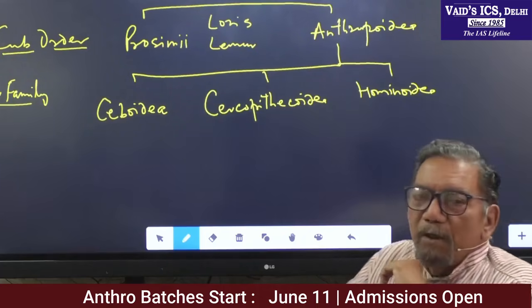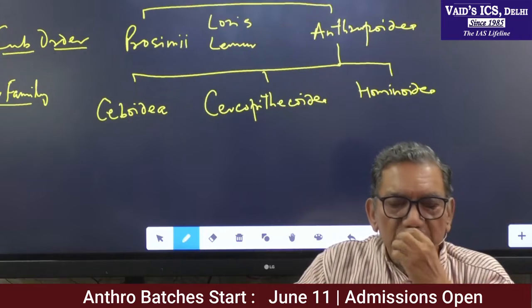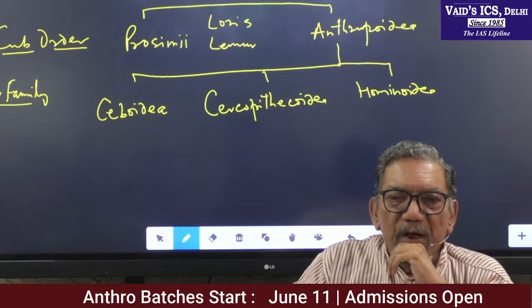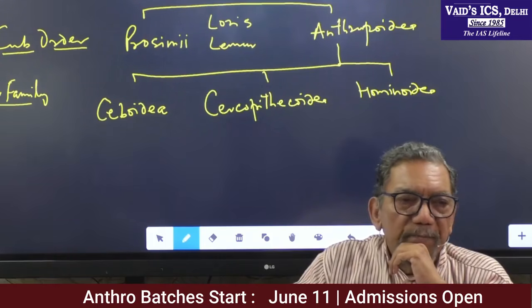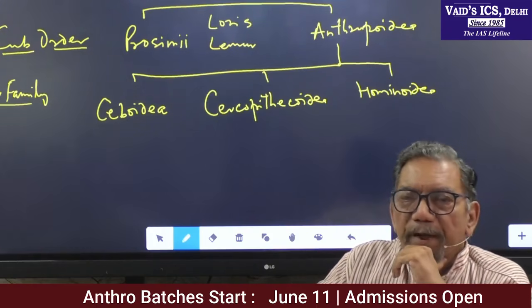Cercopithecoidea, old world monkeys: Asia, Africa, Europe. And Hominoidea includes apes and man.